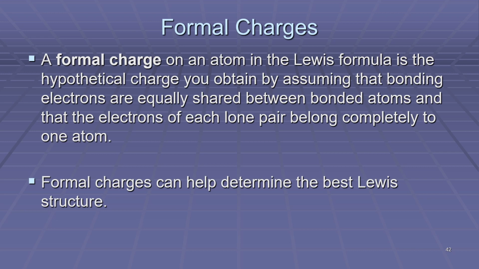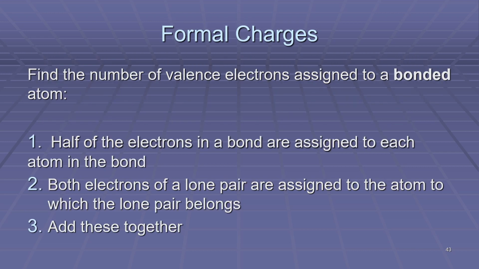In other words, we can find out if that element is happy the way it is, or if it would prefer to give away more electrons or share more electrons. Sometimes that can help us determine what is the best Lewis structure. And so I'll show you what I mean. So far, we haven't had to worry about it, but sometimes we do. So let's look at how we find a formal charge.